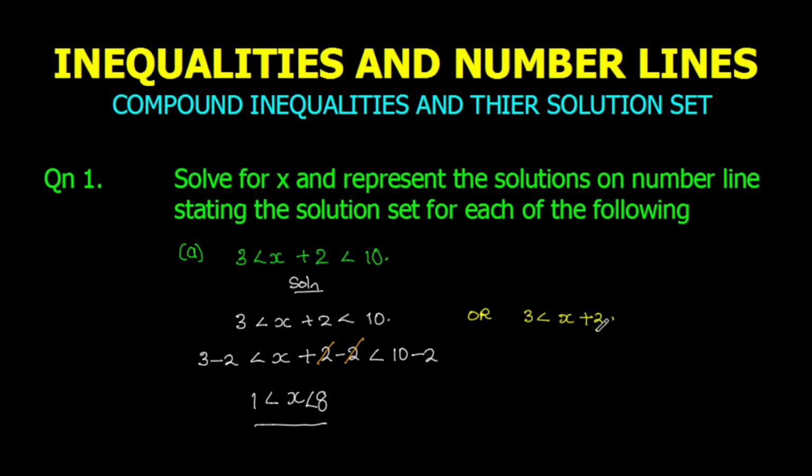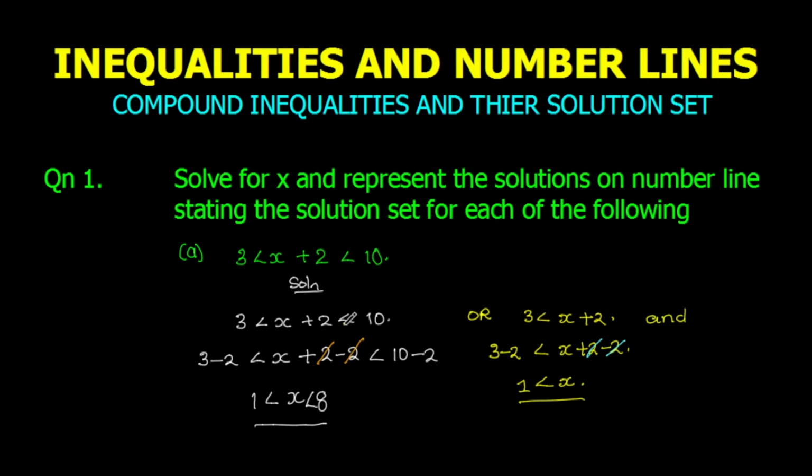So subtracting 2 on both sides, we'll have 3 minus 2 is less than x plus 2 minus 2. And this positive and negative 2 cancels, and we have only x. The result of subtracting this is 1, so 1 is less than x.